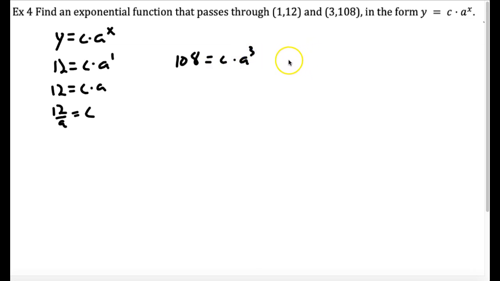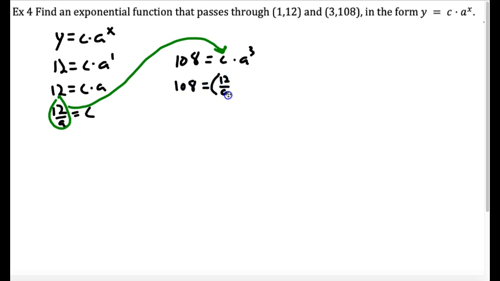What we can actually do now is take what we solved for c here and plug this in for c over here. So I'm going to change this to 108 equals 12 over a times a to the third power.